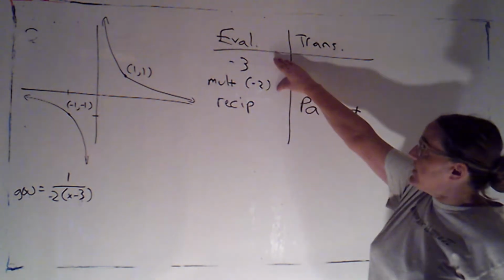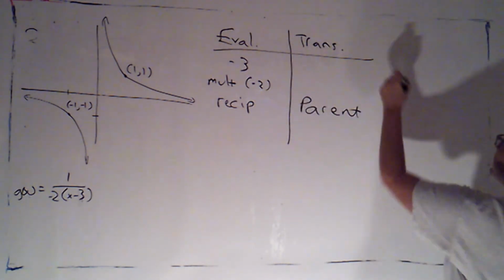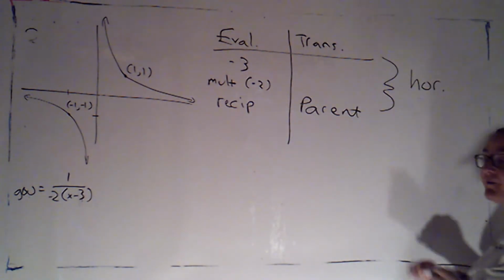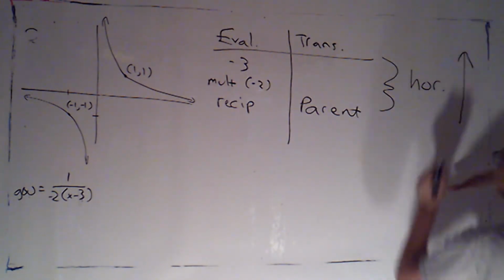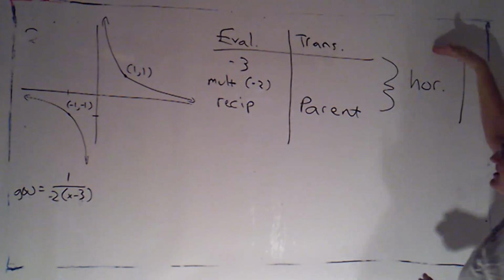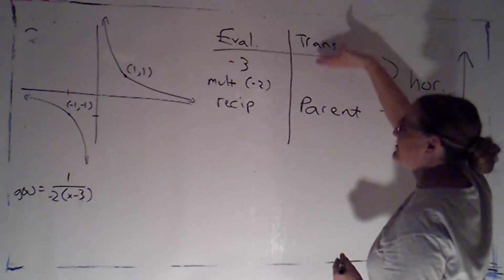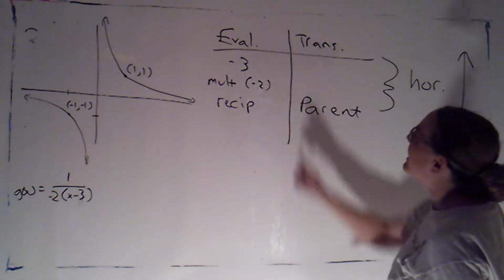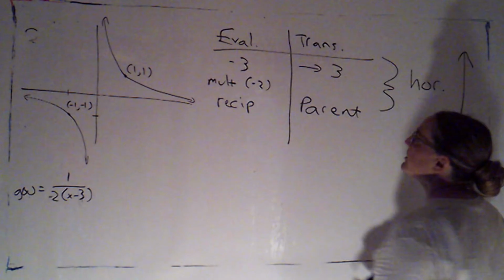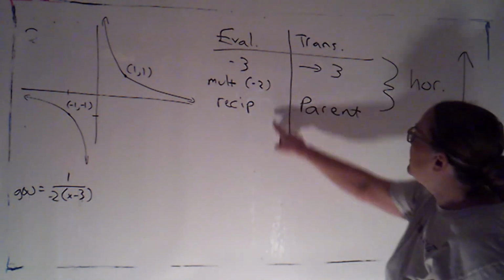So, since I'm doing these things before I evaluate the parent function, I know these are going to be horizontal transformations, and I know I'm going to be doing these working away from the parent function. So instead of working top down, I'm going to be working bottom up for those. Subtracting 3 is going to move things 3 units to the right.